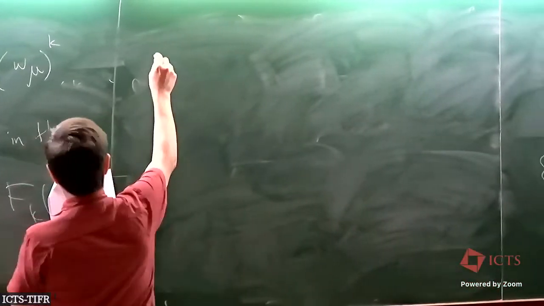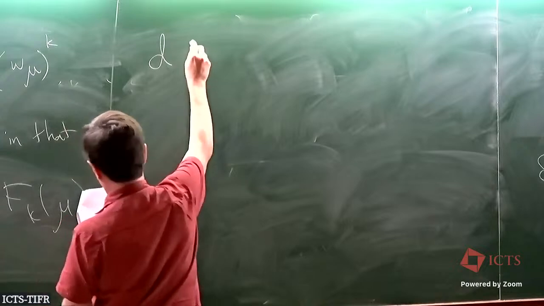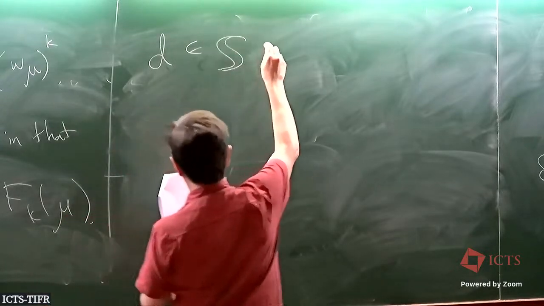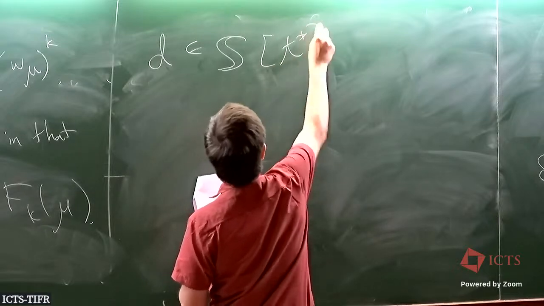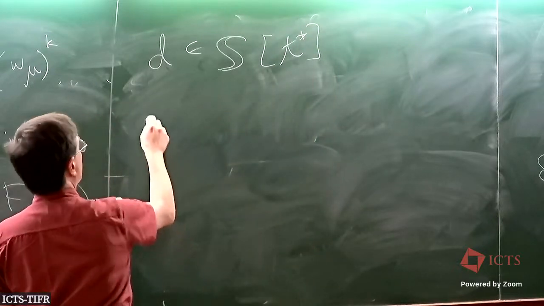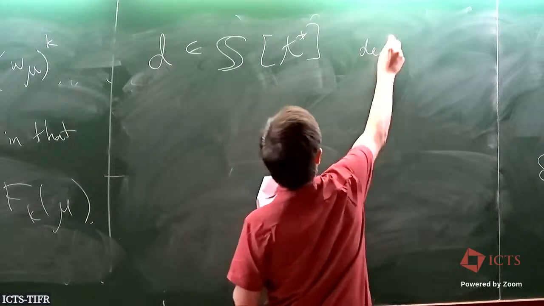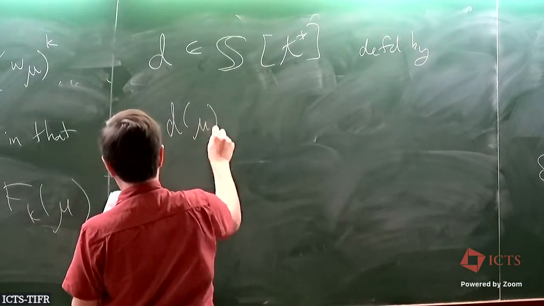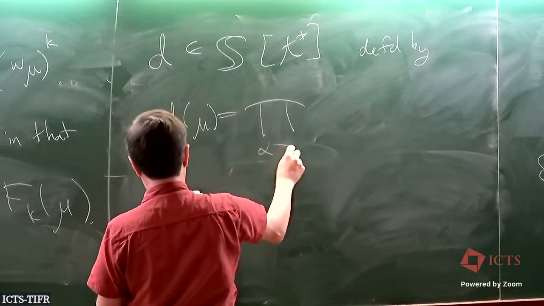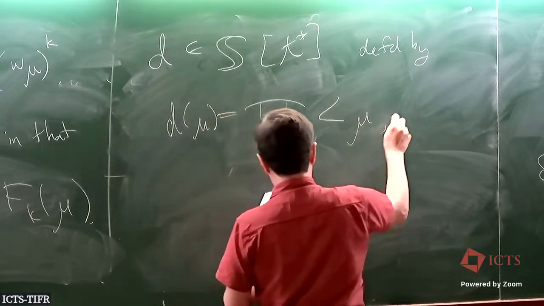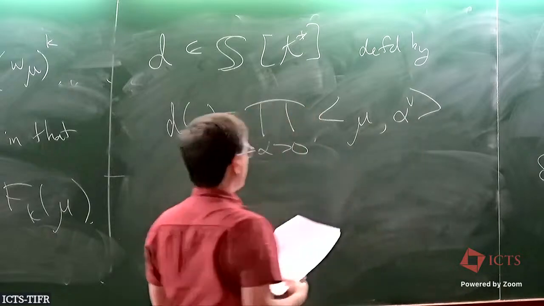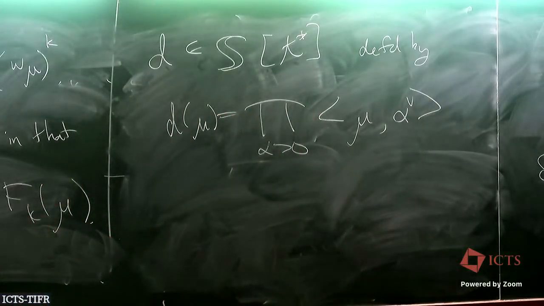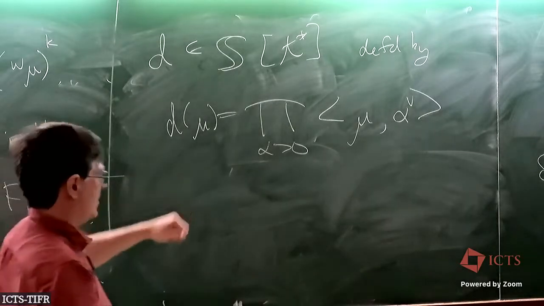It's a good time to mention that the discriminant is defined by d of mu, the product over the positive roots of the pairing of mu with alpha check.